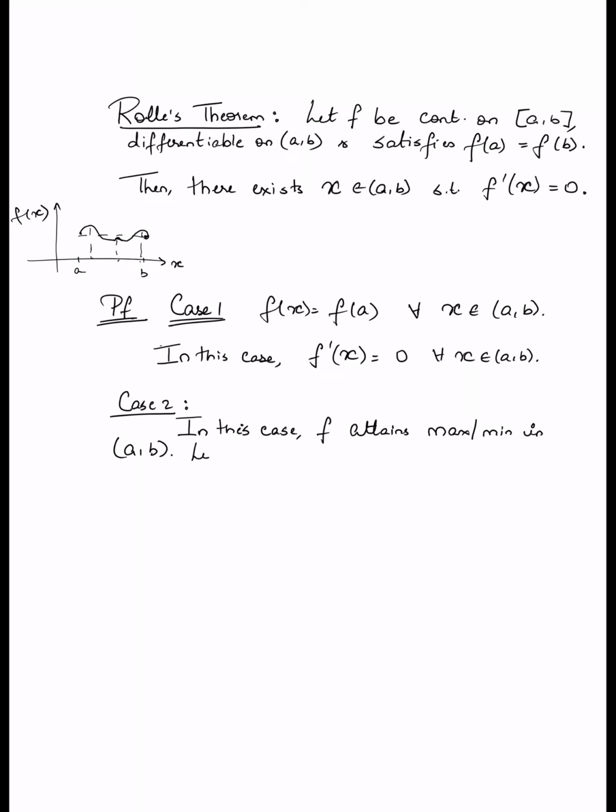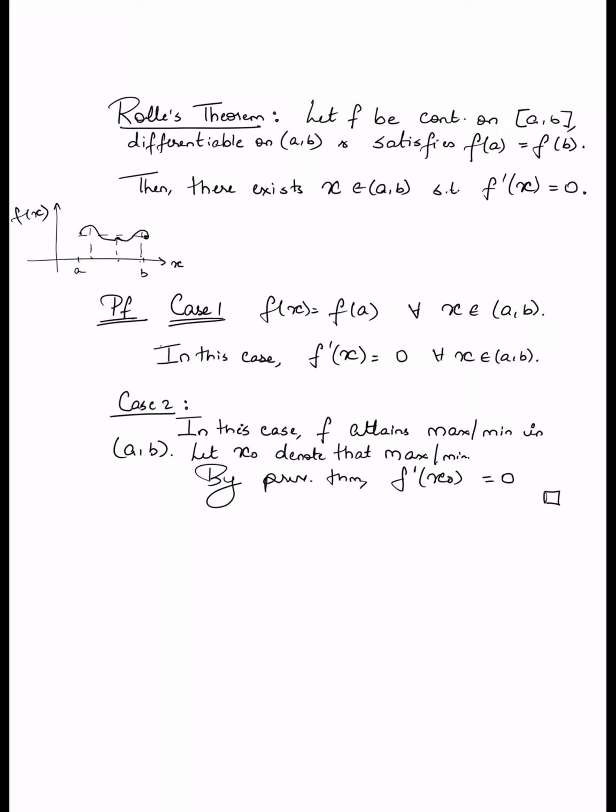Let x naught be that point, and then by the previous theorem we know that the derivative must be 0. Let x naught denote that point, then by previous result, right, and that would complete the result.